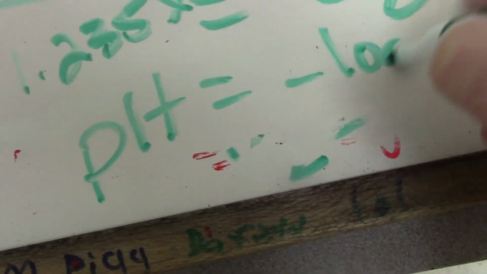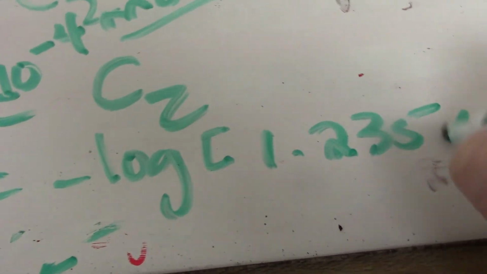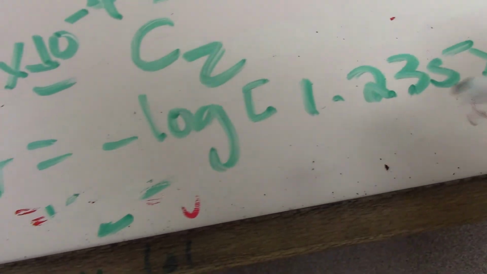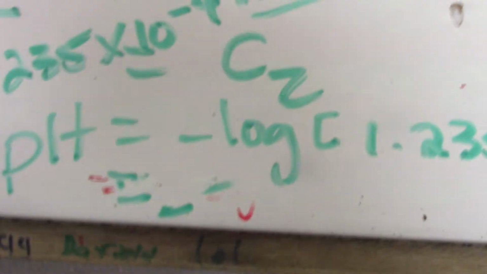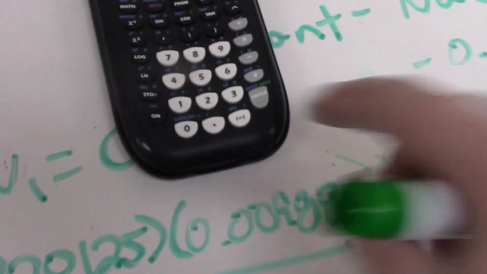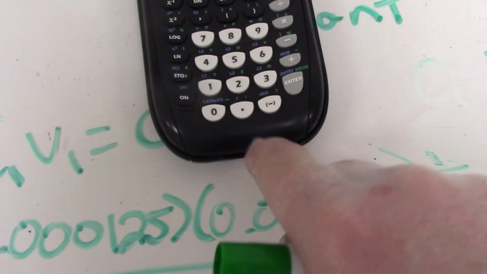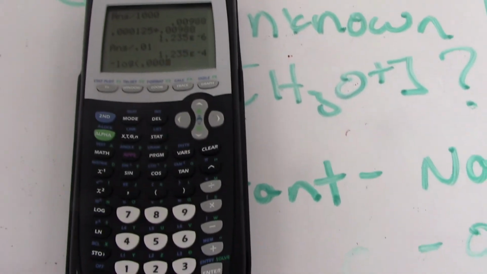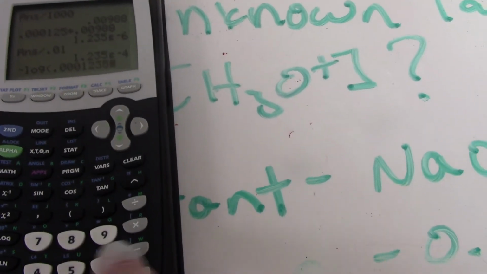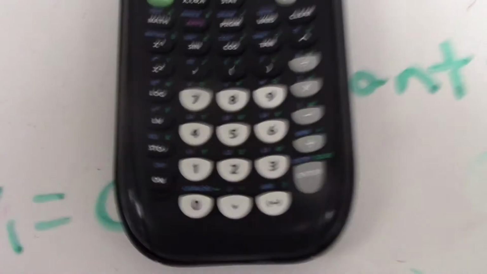So I can solve for the pH as well if I want, right? pH equals negative log of that. Okay, and then the negative log of 1.235 times 10 to the negative 4.